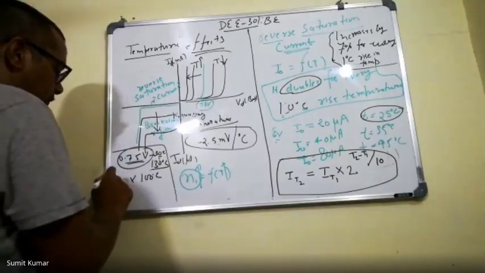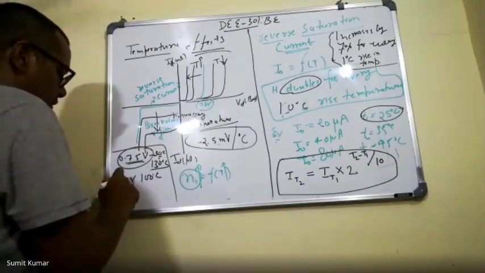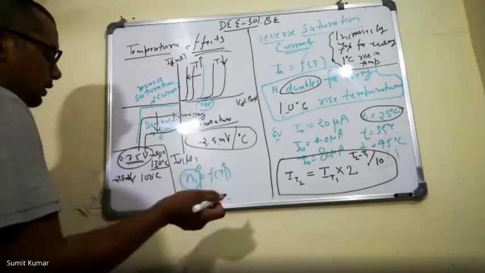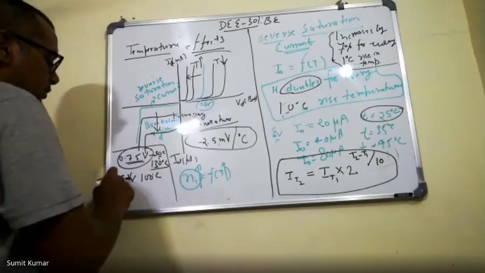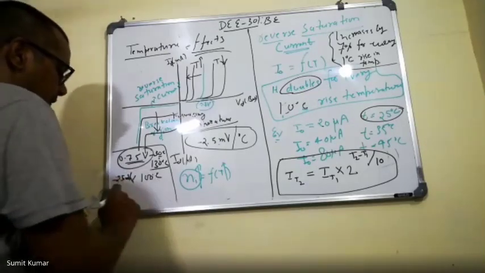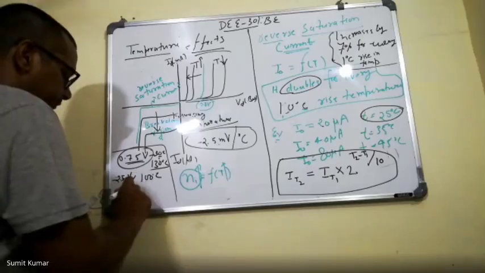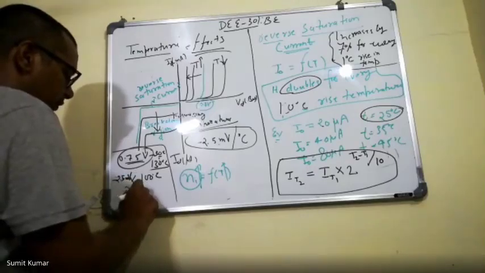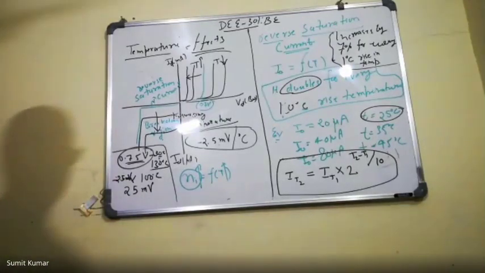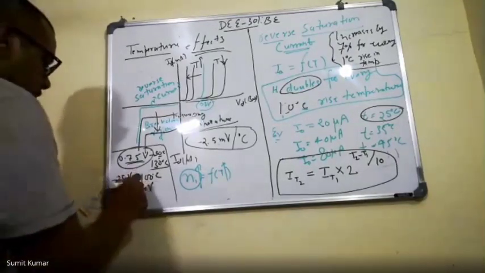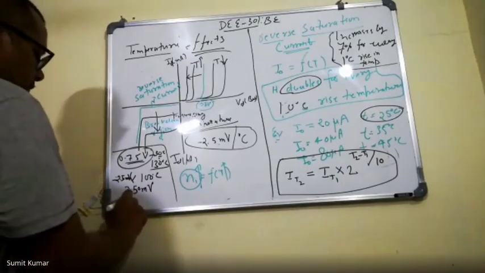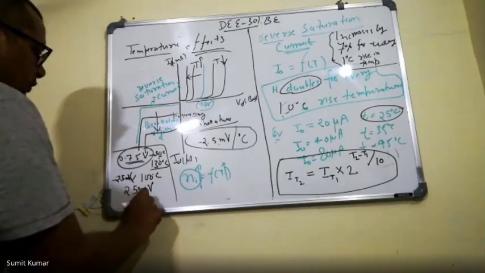And we know that for every degree Celsius rise, it decreases by 2.5 millivolt. So we will multiply this, and you will get 250 millivolt, which means 0.25 volt.